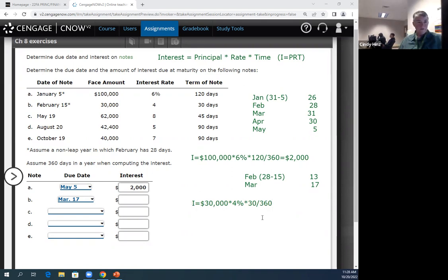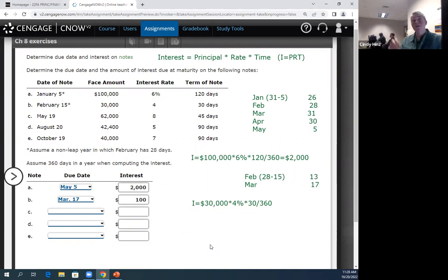And so the simple interest formula, principal times interest rate times time, and remember to express that as a portion of a year. And what I found was that the interest is $100. That makes the maturity value $30,100.